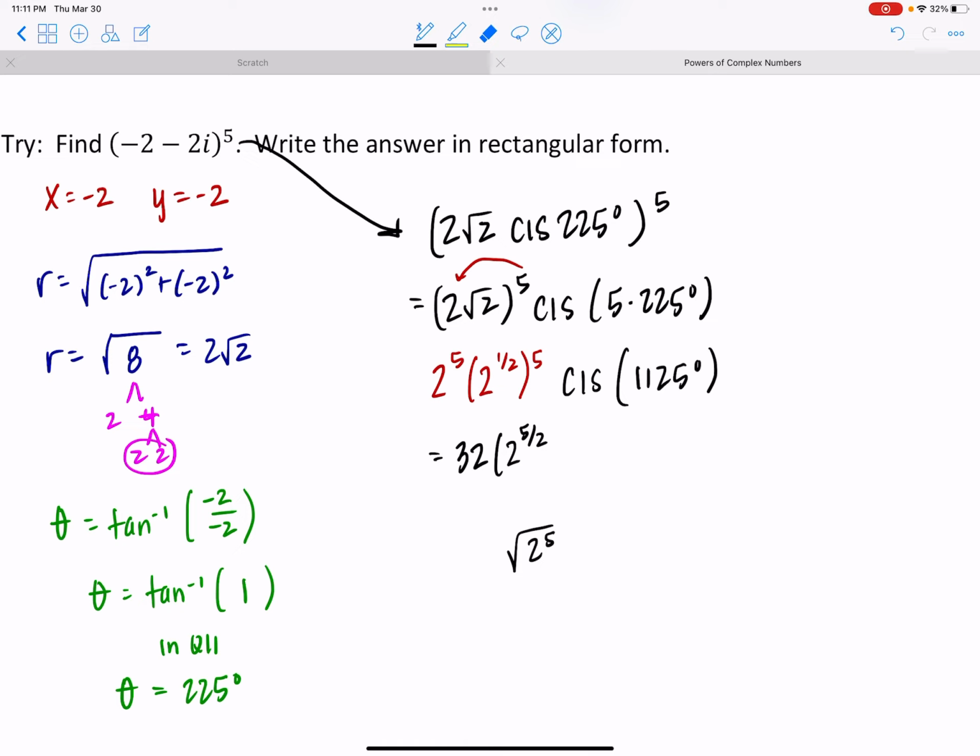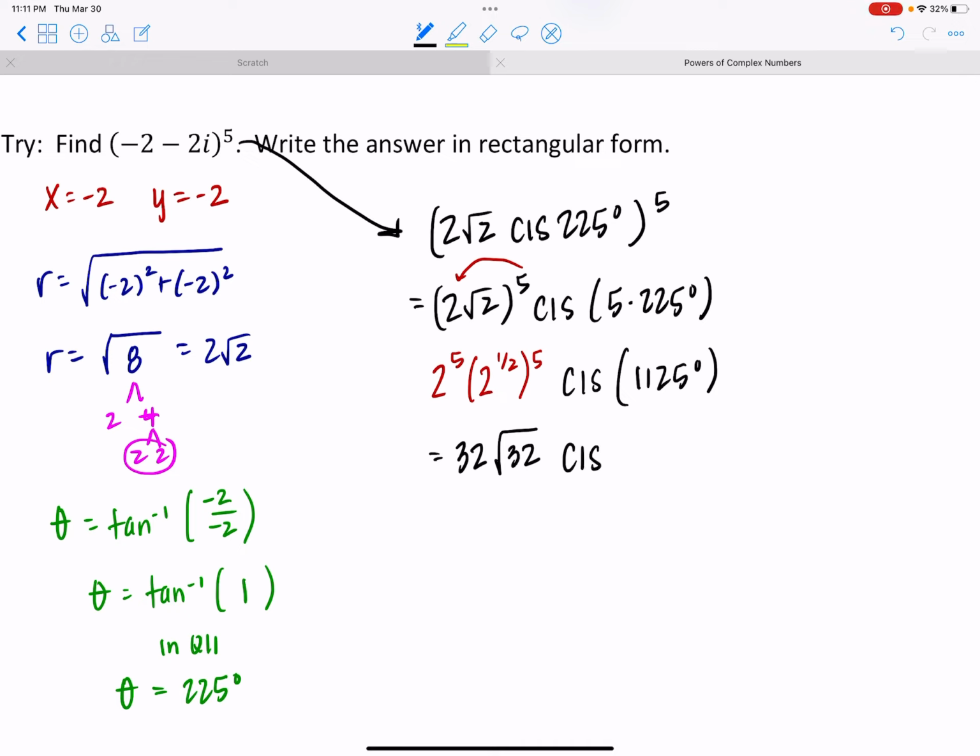But maybe it will work out. So the 2 to the 5 halves power is going to be the square root of 2 to the 5th power, and 2 to the 5th power is 32. So the 2 to the 5 halves becomes a radical 32. 32 radical 32. Okay, keep going with it.